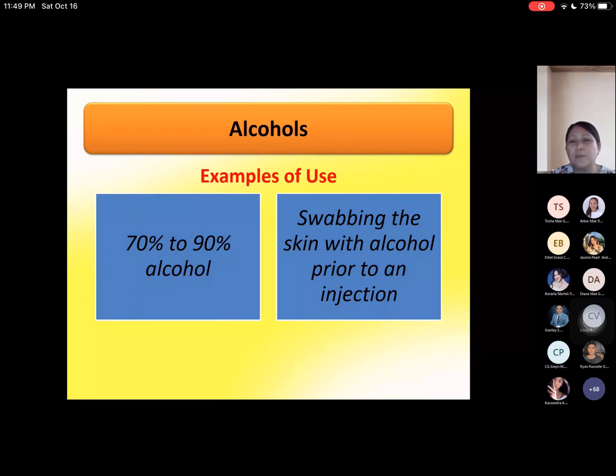It is used in swabbing the skin prior to injection. If you have experienced that already in the hospital, they will get cotton and drop a little alcohol to make sure the cotton is moist, and then they will rub the skin prior to injection or extraction of blood. So that's one use of alcohol.